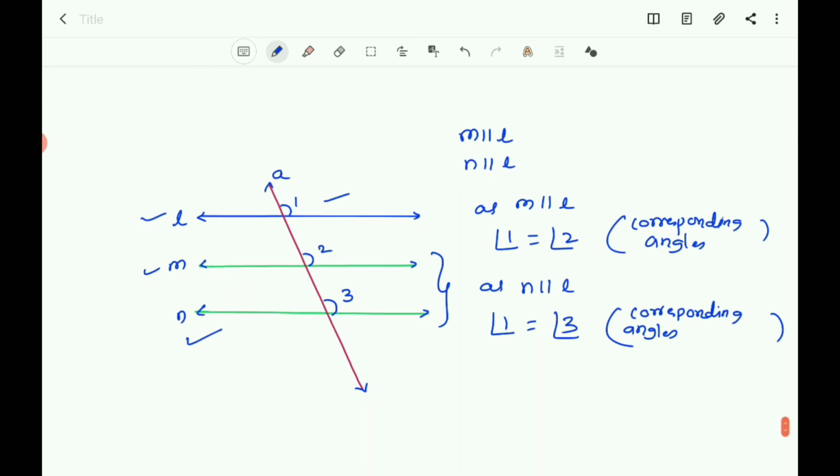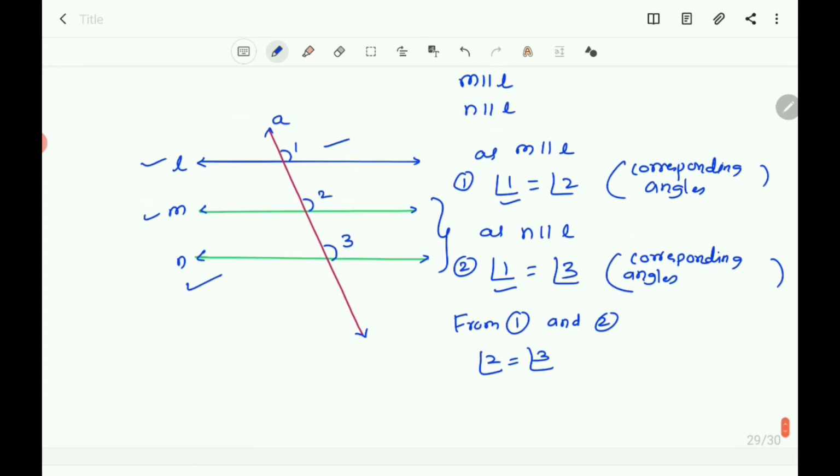Now, here you know that in both the relations LHS are same. Therefore, RHS must be equal. Therefore, this is first one, this is second one. From first and second, you can have angle 2 is equal to angle 3.